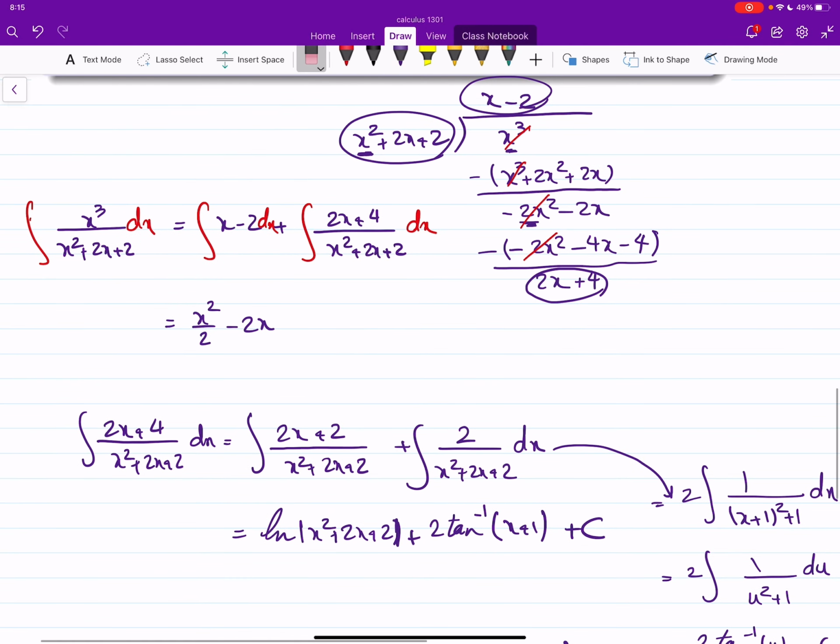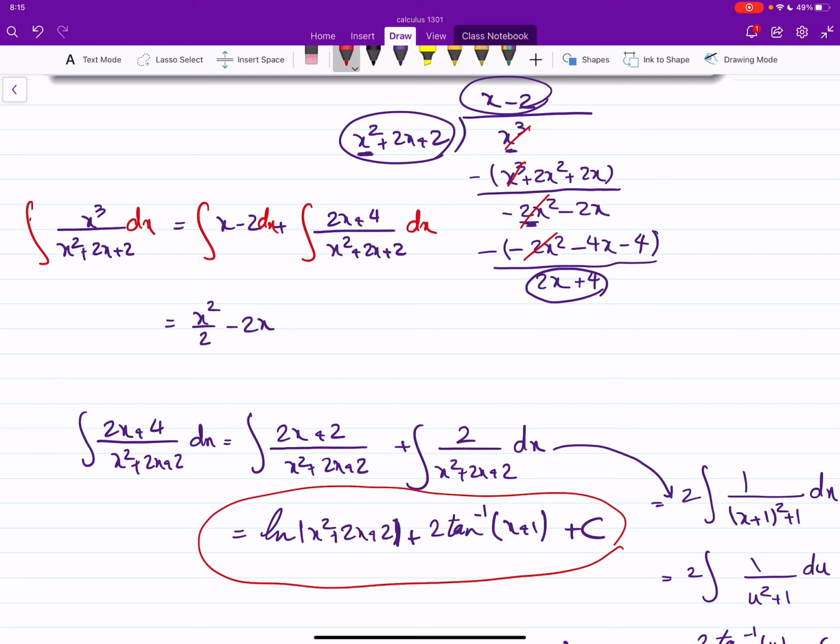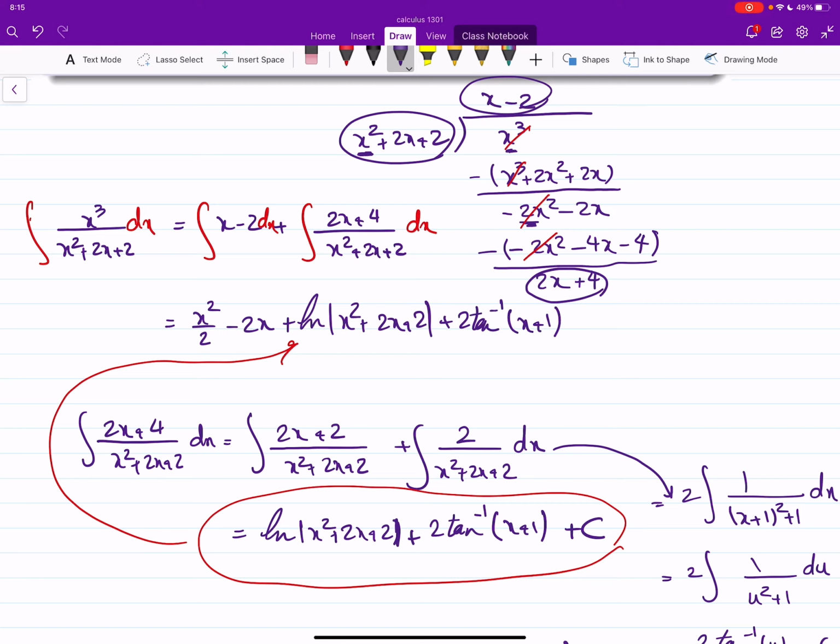Now back, I'm taking this whole thing and then plugging it there, plus ln of x squared plus 2x plus 2 plus 2 tan inverse of x plus 1 and then plus c.